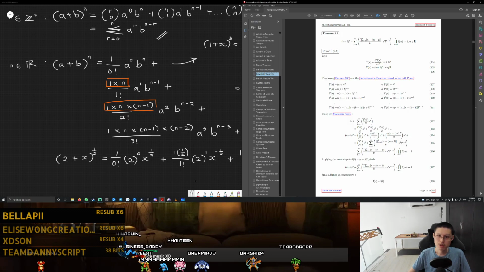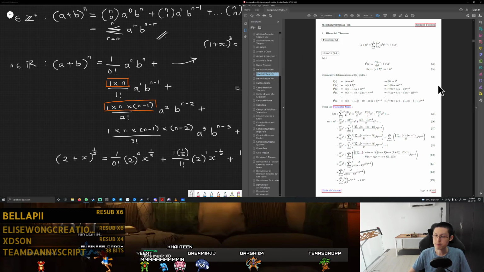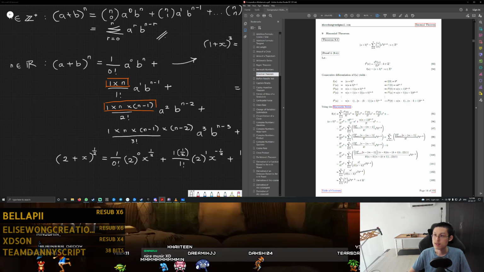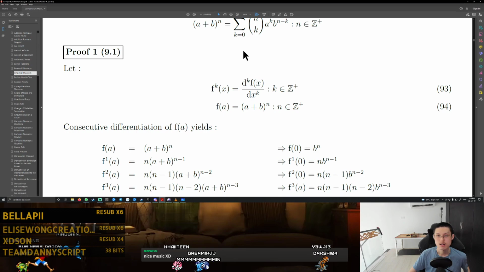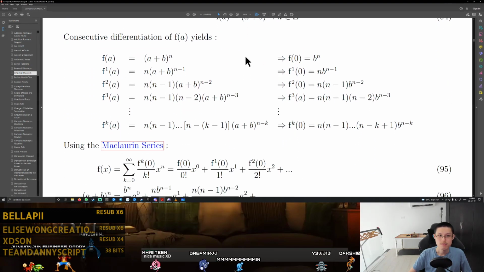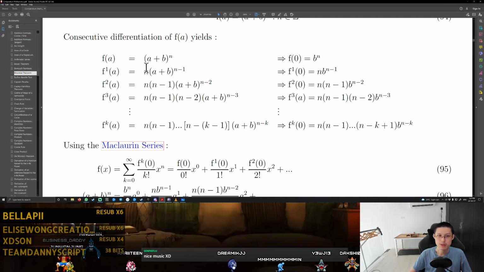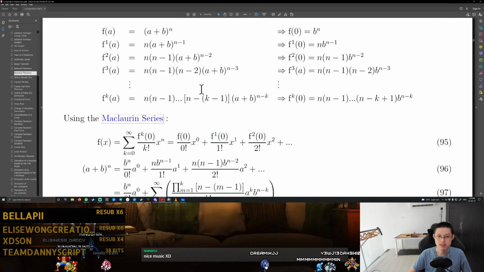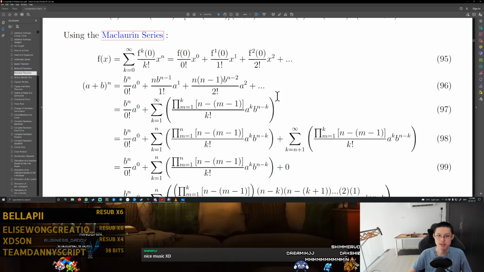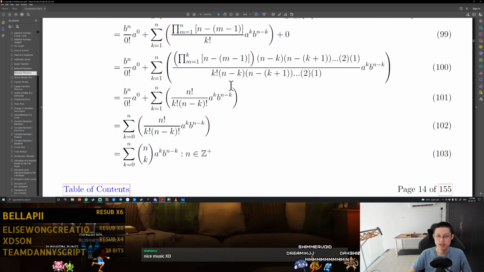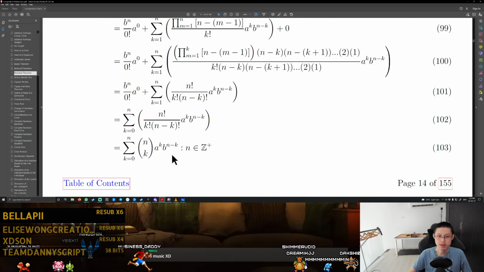I'll just briefly show you what it looks like. Something like this. Expand that. There. So if you differentiate something repeatedly, you will get a pattern. And then if you use the Maclaurin series expansion, you put the pattern in, and then you expand this shenanigans, eventually you get the binomial expansion.